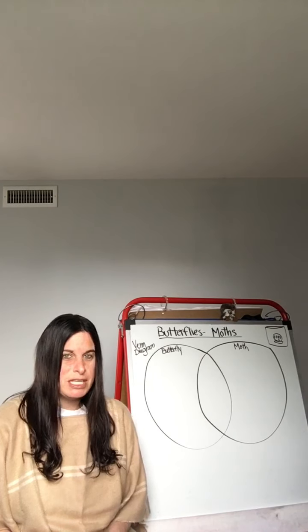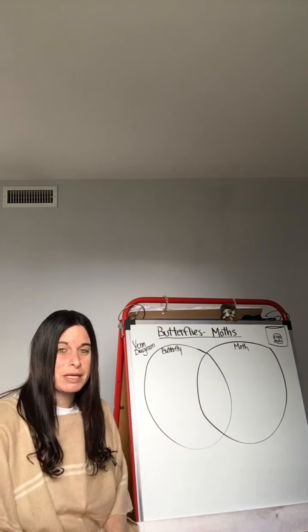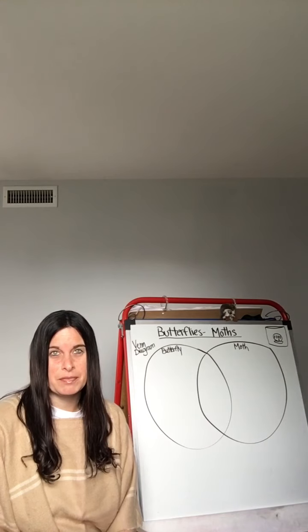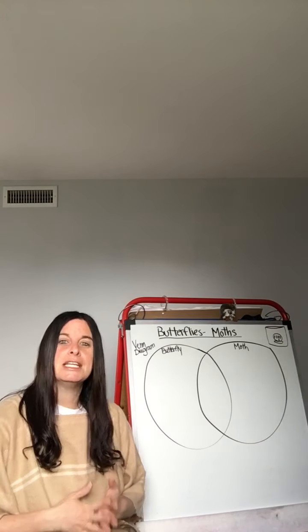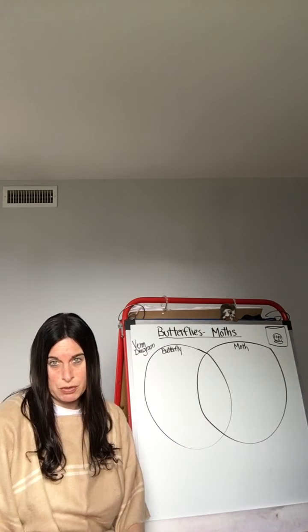So what I also did is I made on my whiteboard, this is called a Venn diagram. We've done this before, okay? A Venn diagram compares and contrasts the differences and the similarities between two things.